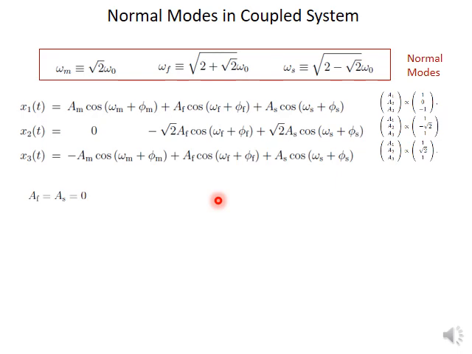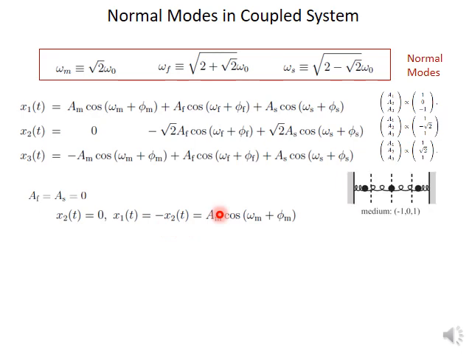So let's work out what the normal mode solutions look like in terms of displacement. If I take AF and AS equal to 0, in other words, if I ignore the fast and slow frequencies and only consider the medium frequency, then x2 is 0 and x1 equals minus x3 at all times. What does it mean?